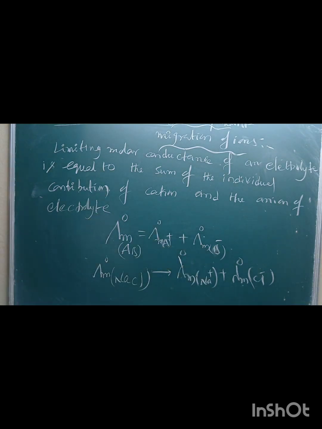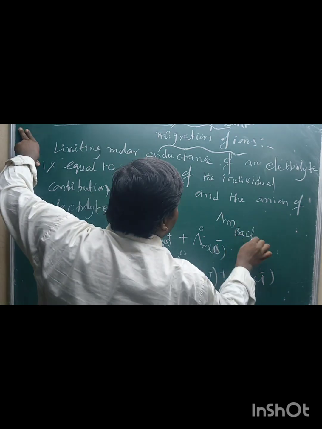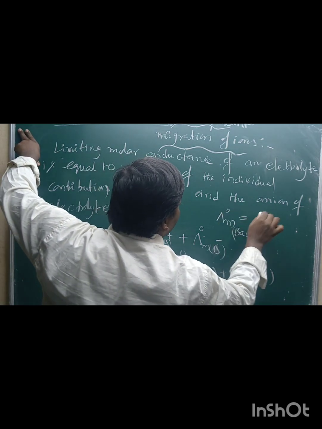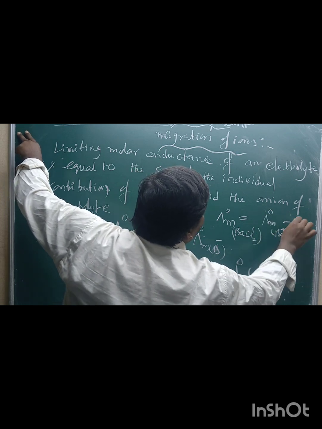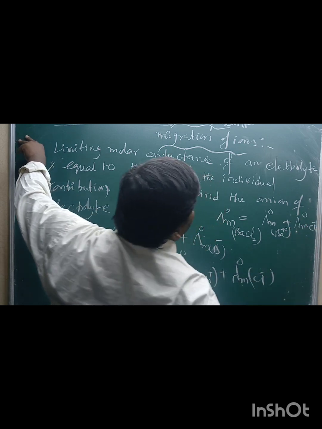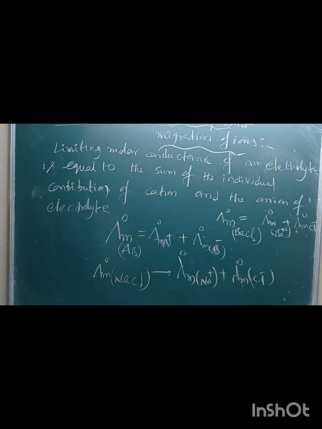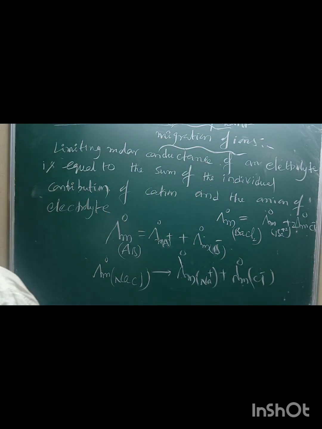If you take one more example, BaCl2, barium chloride: lambda m naught Ba plus 2, plus lambda m naught Cl minus. How many Cl's are there? Two Cl's are there. That's why I am taking 2 lambda m naught Cl minus.